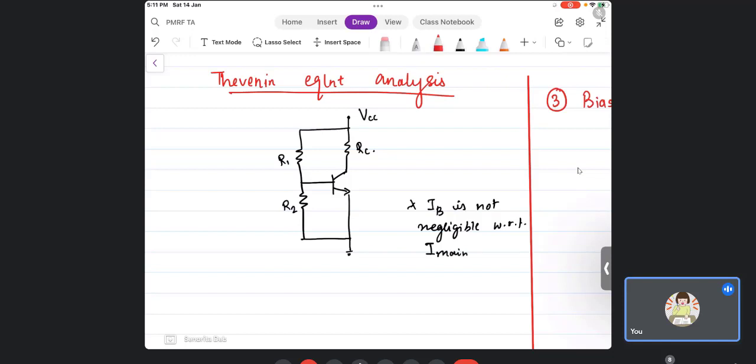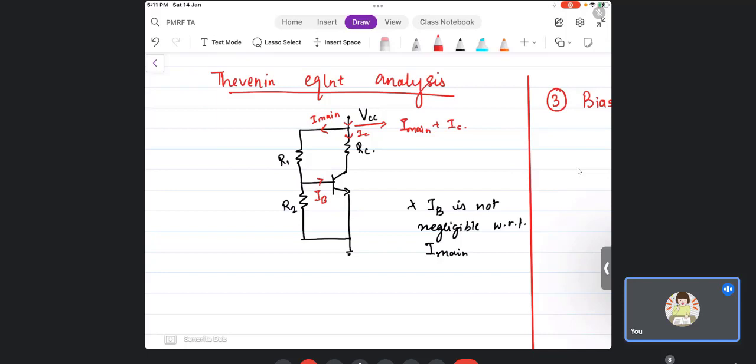This is I main, this is IC, this is IB. Now if I say this is I main, this is IC, what is the current from here? That is I main plus IC. I main plus IC is what your power supply is sending.